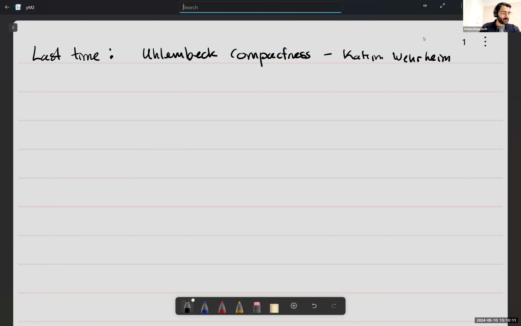Okay, so what was our goal? Our goal was to solve the Yang-Mills equations, but we had a big issue, which was that they weren't elliptic. So let's write down the Yang-Mills equations again. So we had 0 equals d star F_A.